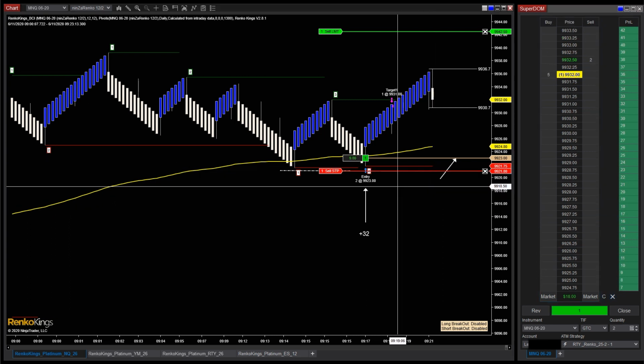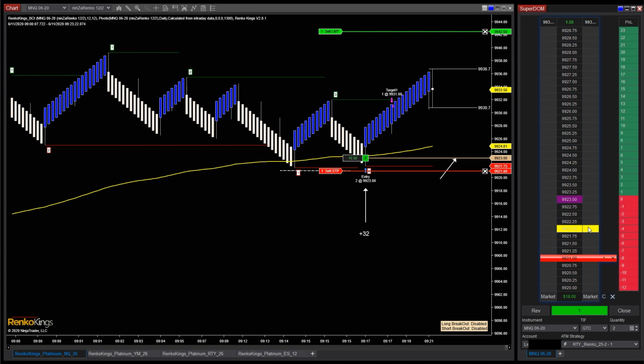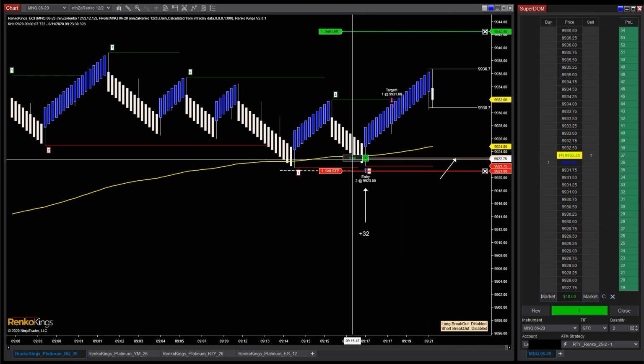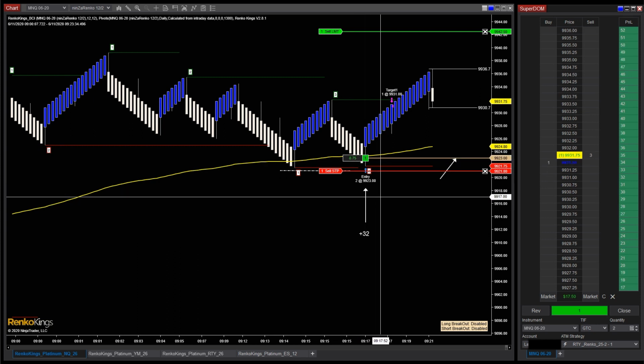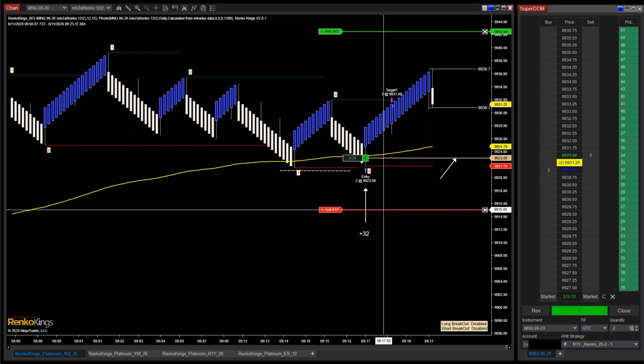This is where my stop was, okay? So I think the original risk on the trade was 8 ticks, if I'm correct. Yeah, it was 8 ticks, 99.21, okay? So when I originally placed a trade, I had to move the stop because when it placed the order, the stop was like down here at 26 ticks, okay?